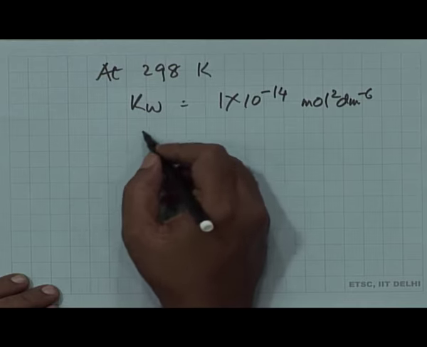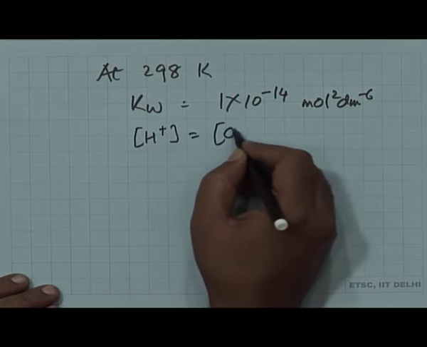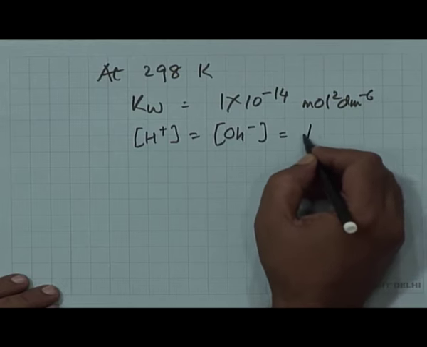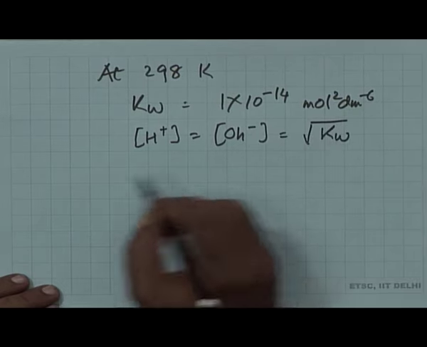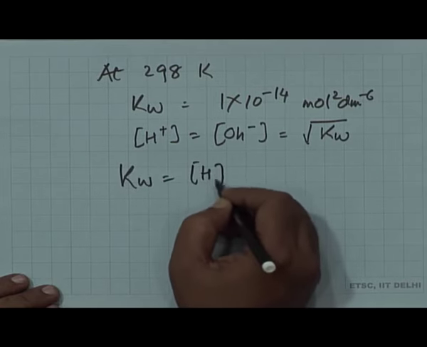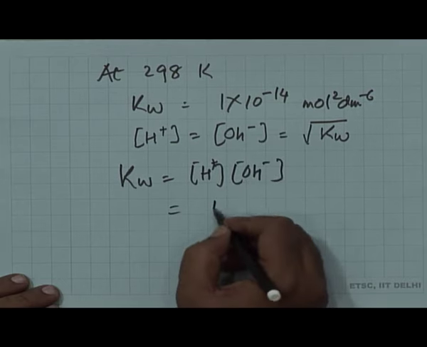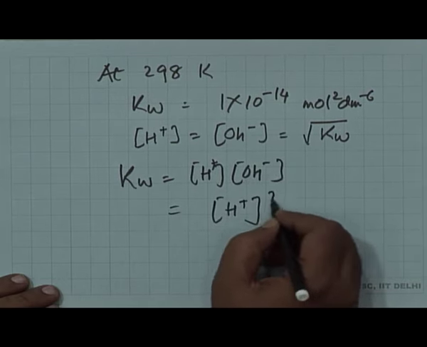So, your H plus ion or OH minus ion will be equal, and that will be under root Kw, since Kw is H plus into OH minus, which can simply be written as H plus square.